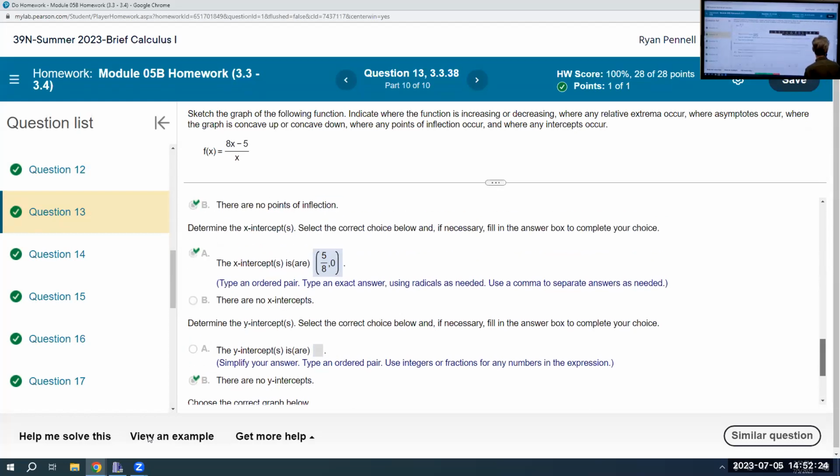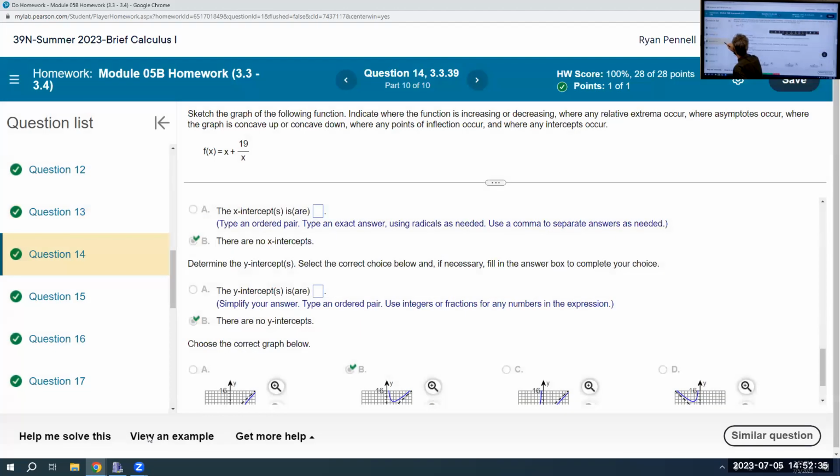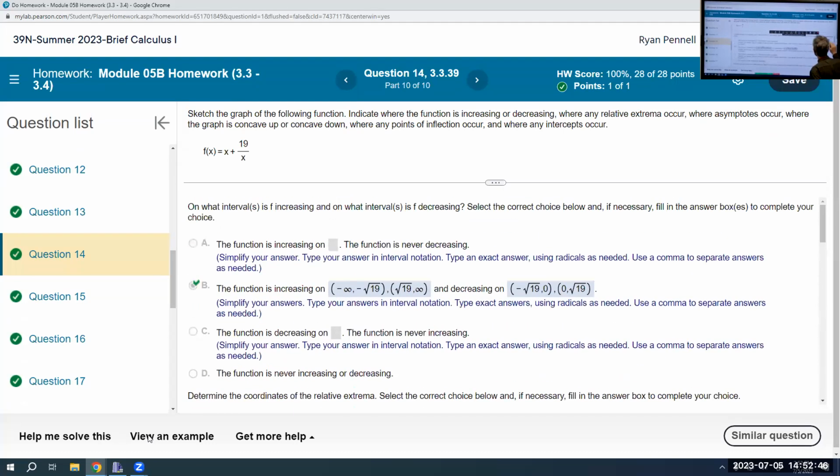And that's something I noticed about this homework too. As a matter of fact, I got the same question twice. Is it this one? But somewhere I actually got this. Let's talk about 14 instead. There was something interesting about this one that I noticed.